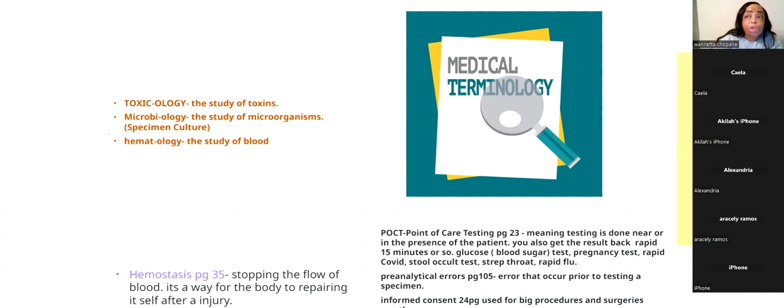If you choose Xanax, that means you're keying on just the medication, but that's not exactly what toxicology means. It means the study of toxins, and anything in your blood that comes back too toxic for you means that it went to the toxicology lab so the doctors can see your levels. Okay.